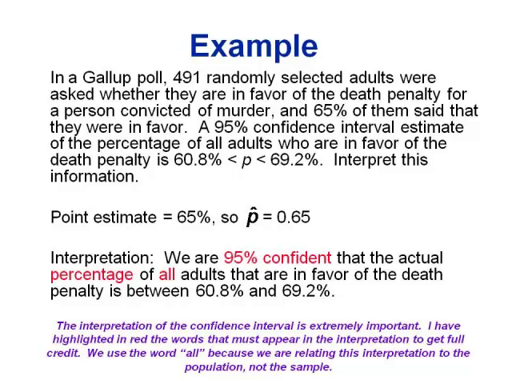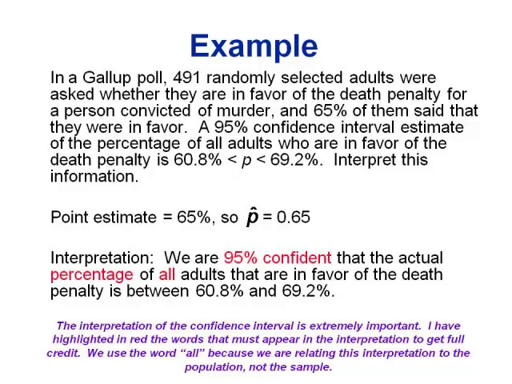So the 65% of the people in the sample who were in favor is P hat because it's from the sample, and that's our point estimate. We think that the population's probably close to 65%, but the population probably won't match the sample exactly, so we generated a confidence interval. And this confidence interval was generated with 95% confidence.